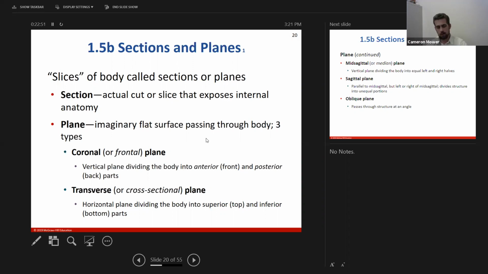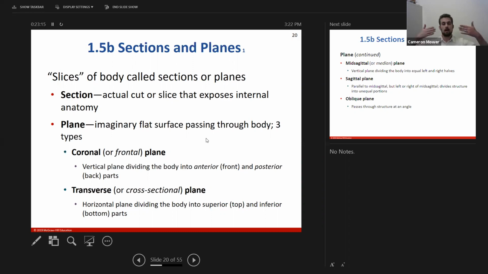Like if I were to take a piece of paper and just slide it in between this half of my head and this half of my head. And we've got several different types of planes. We've got a coronal or frontal plane. In most literature that I've read, frontal is the word that we use. We don't use coronal quite as often, but you're going to hear both of them referenced.